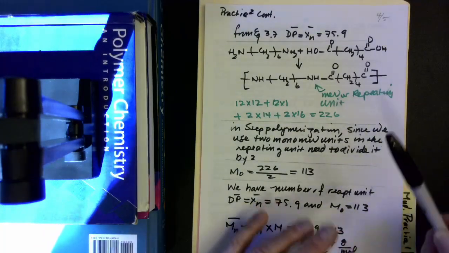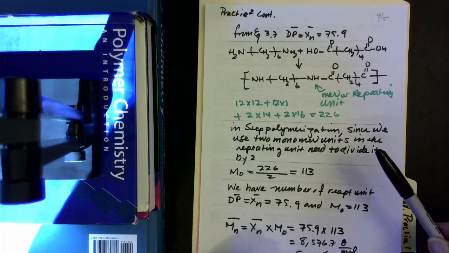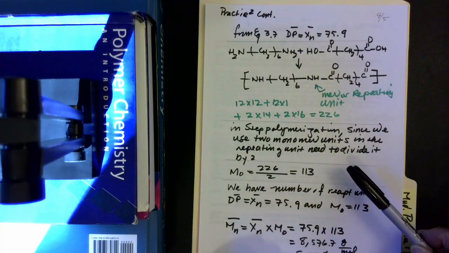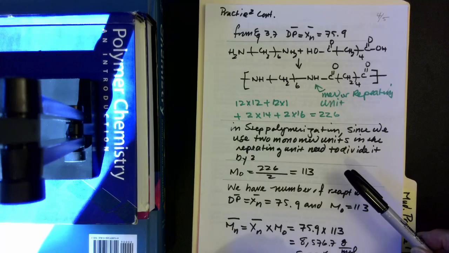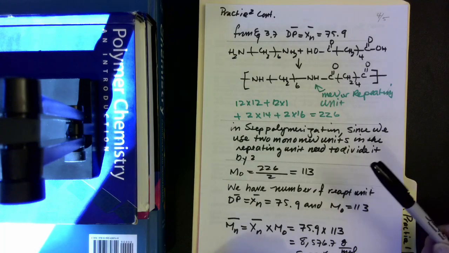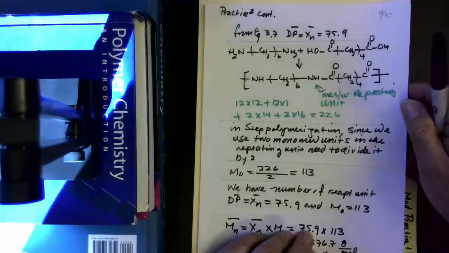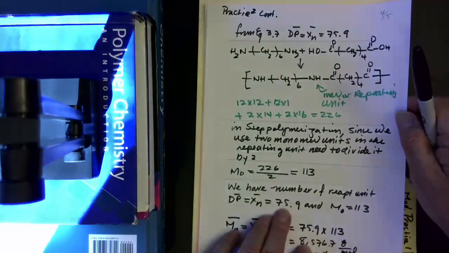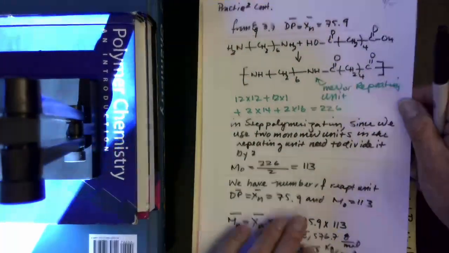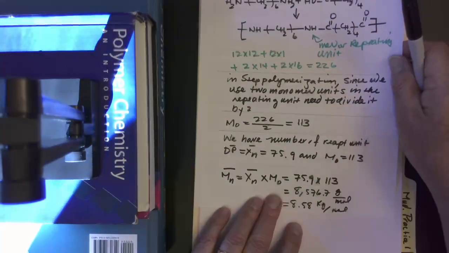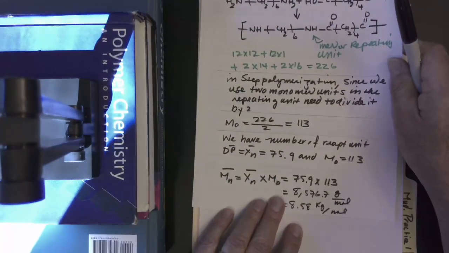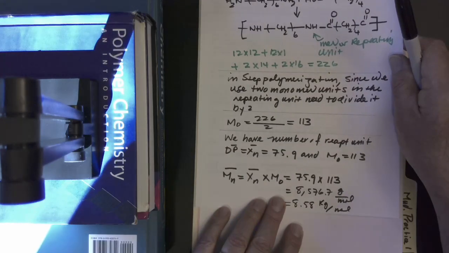So we have 2 monomer units in the repeating unit. We have to divide this 226 by 2. And if you don't, we get a wrong answer actually. So the M0 by definition is 226 divided by 2, which is 113.